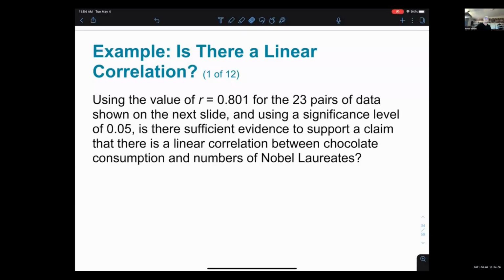All right, so let's take a quick peek at this example about whether there's a linear correlation and see how far we can get before bailing on the slides. It says using the value of R equals 0.801, so it's at about 80%, for 23 pairs of data shown in the next slide, and a significance level of 5%, is there sufficient evidence to support a claim that there is a linear correlation between chocolate consumption and the number of Nobel laureates?